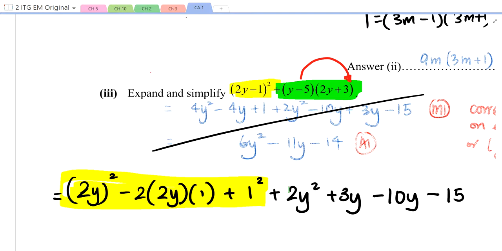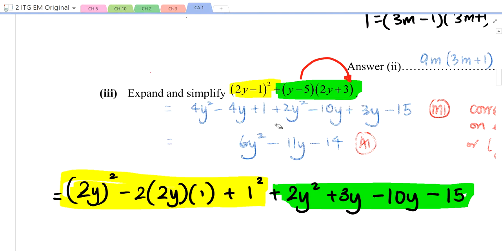So this is the green portion. From here, simplify. Okay, then you will end up with this step. 4y squared minus 4y plus 1 plus 2y squared minus 10y plus 3y minus 15. Group all the like terms together, get the final answer mark.